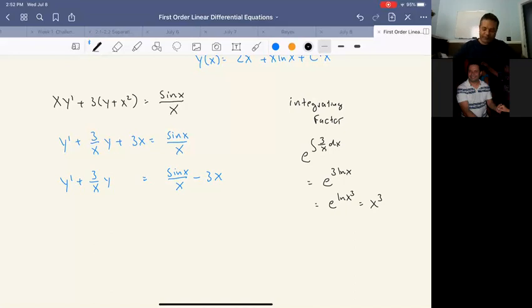Multiplying x cubed on both sides, I'm going to get x cubed y prime plus 3x squared y equals x squared sine x minus 3x to the 4th.